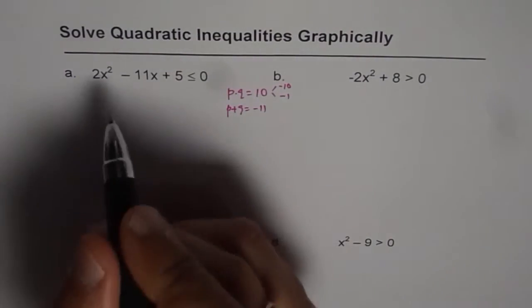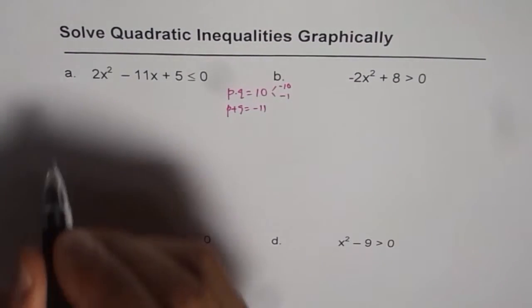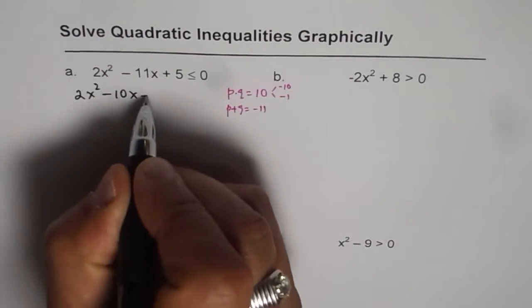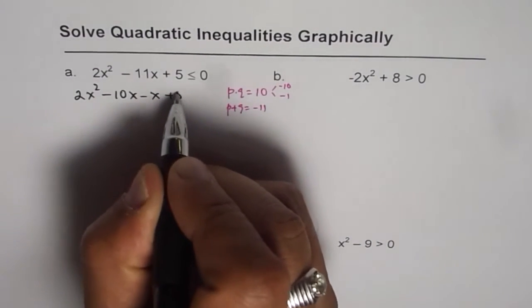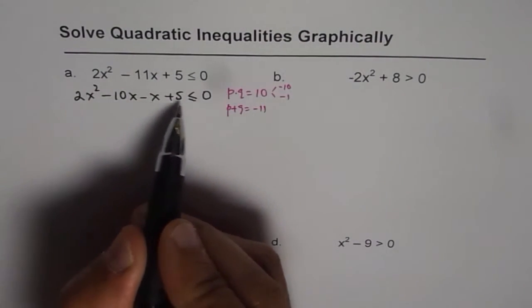Now let's write minus 11 as the sum of minus 10 and minus 1. So we have 2x squared minus 10x minus x plus 5 less than or equal to 0. Now we can combine the first two and the last two.